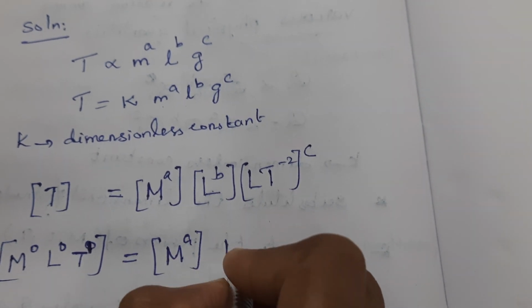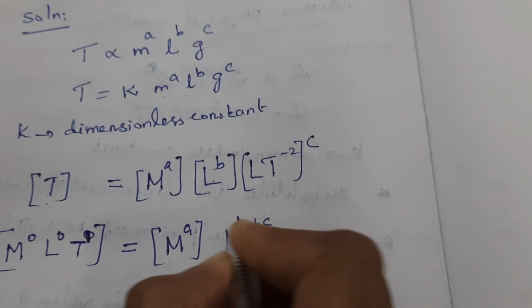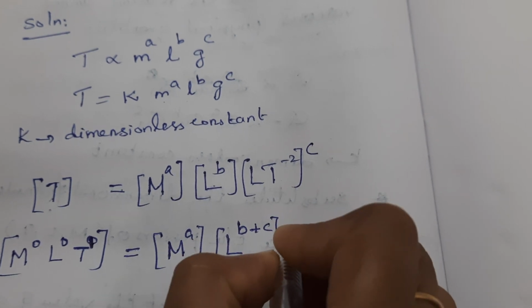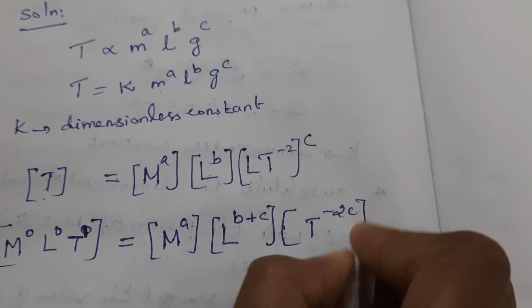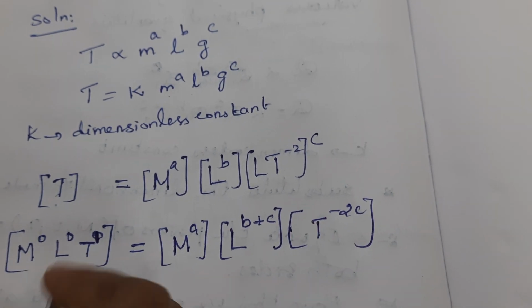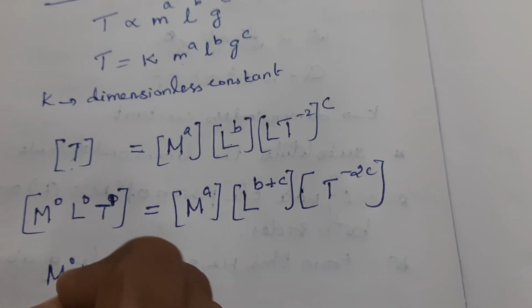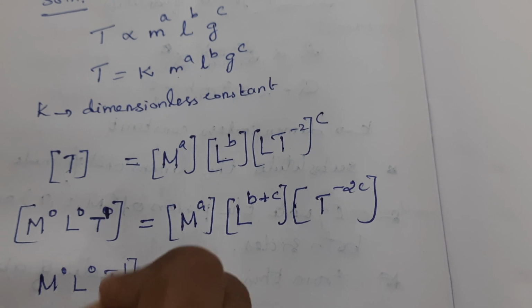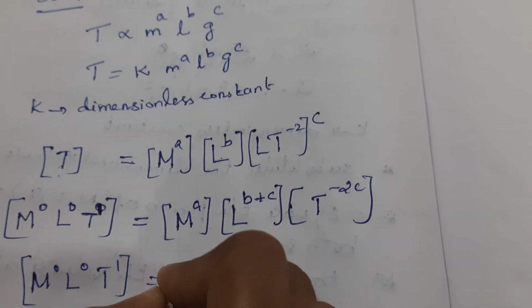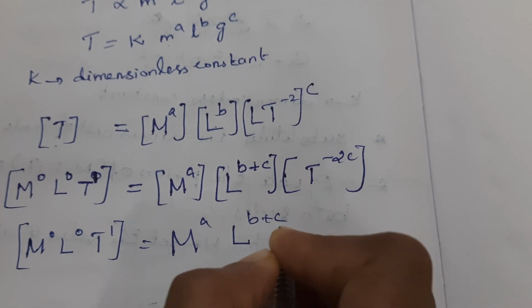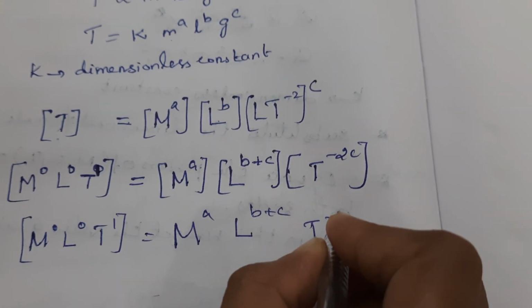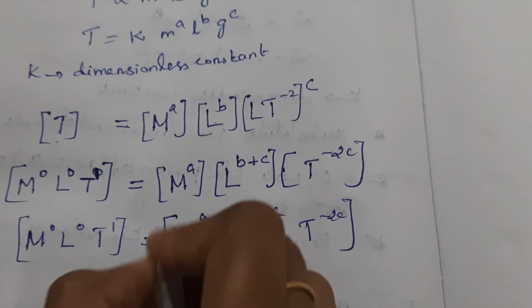So we can write L power b plus c and T power minus 2c. That is M power 0, L power 0, T power 1 equal to M power a, L power b plus c and T power minus 2c.